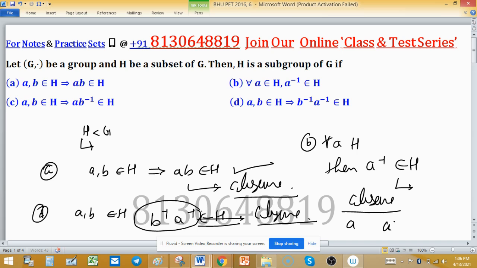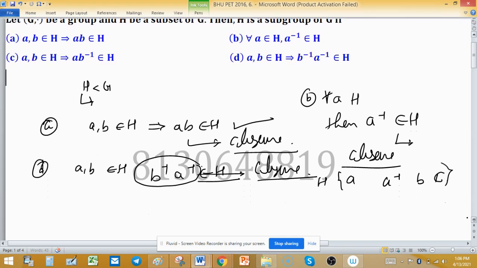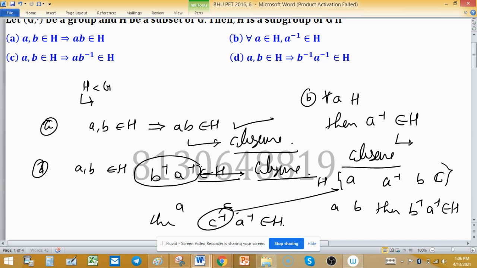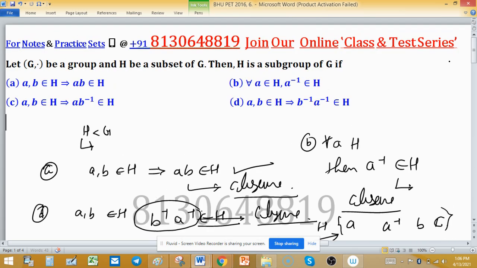Suppose a, b, and another element c are in H. If we pick a and b, then b inverse a inverse is in H. But if we take a and c, then according to this condition c inverse a inverse is in H, but c inverse is not present in this set. So closure is partially satisfied here, but not for all elements. So the only correct option is C.